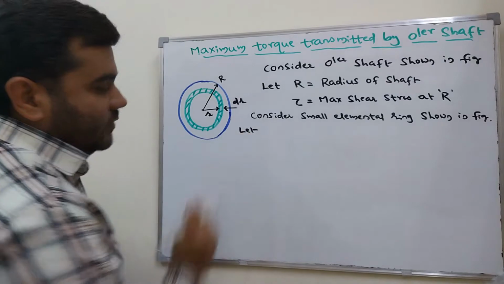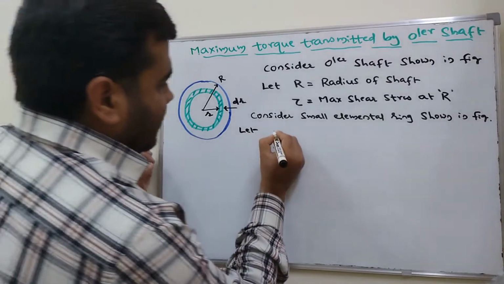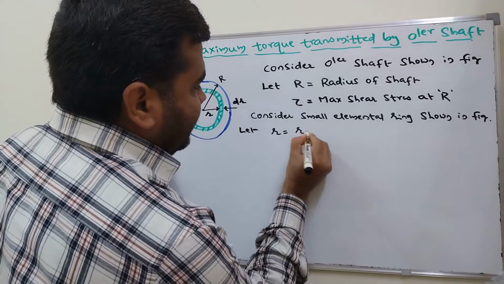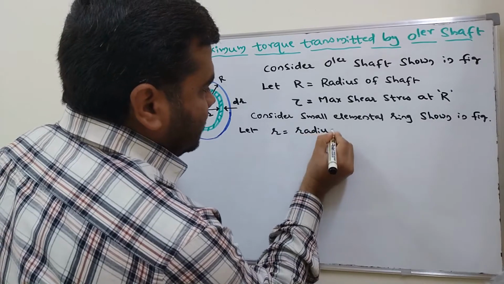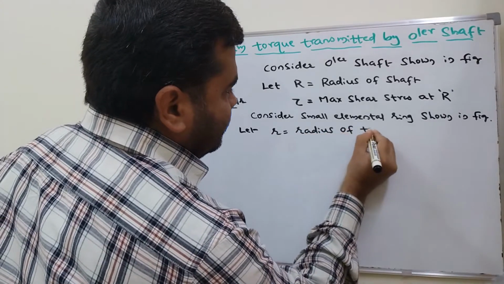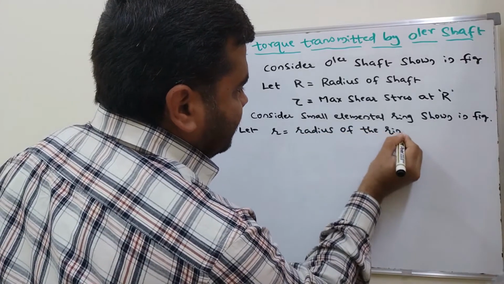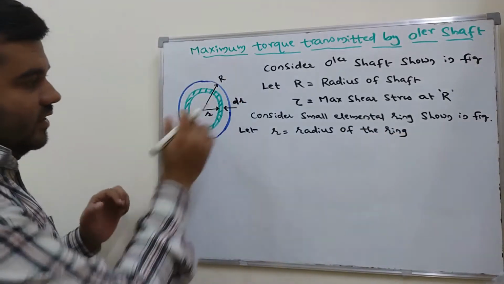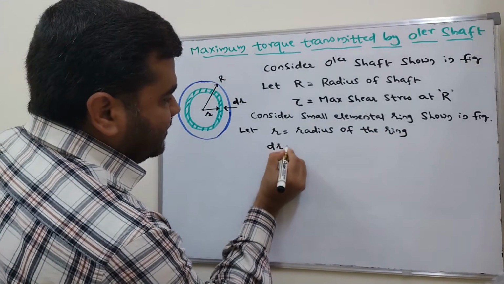Let small r equal the radius of the ring, the elemental ring. And dr is the thickness of the elemental ring.